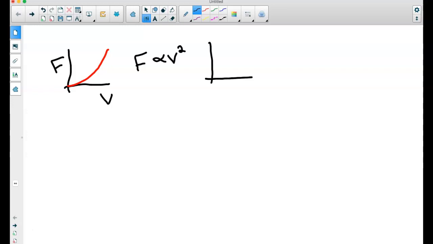Now, we had some people who, instead of experimenting with the velocity, experimented with the radius. And they got these inverse graphs, which tells us that force is related to 1 over r.